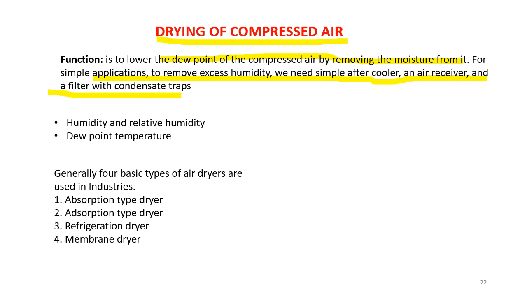Together, all these things give you a drying mechanism for compressed air. Usually these dryers are of absorption type, refrigeration dryer, or membrane dryer, classified depending on their principle of trapping the air moisture.